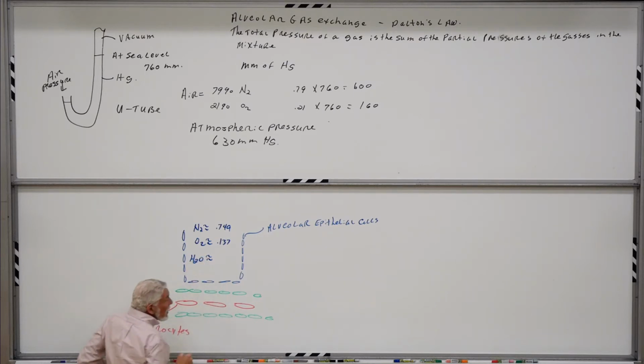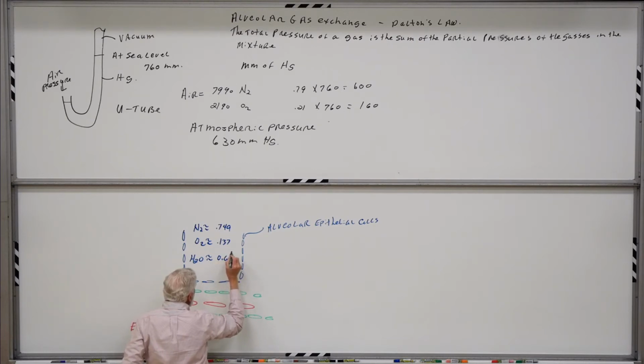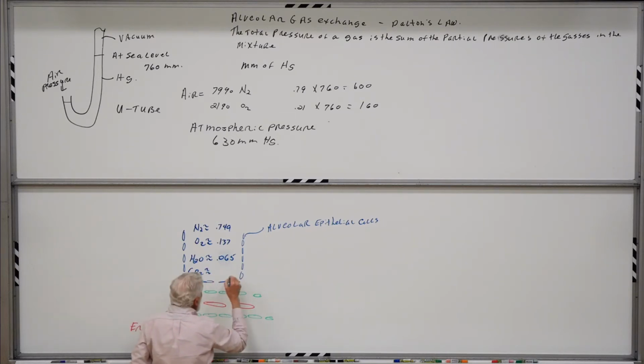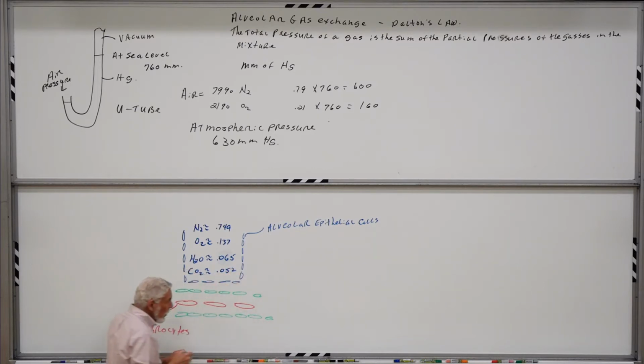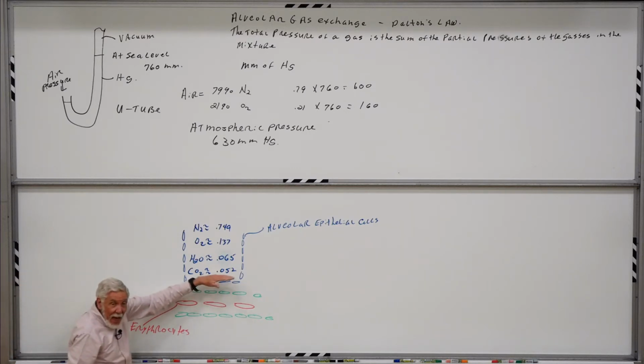Water is in the neighborhood of 0.065, 6.5%. And carbon dioxide is in the neighborhood of 0.052, about 5%. So a considerable amount of gas down here in the alveolar space is carbon dioxide.